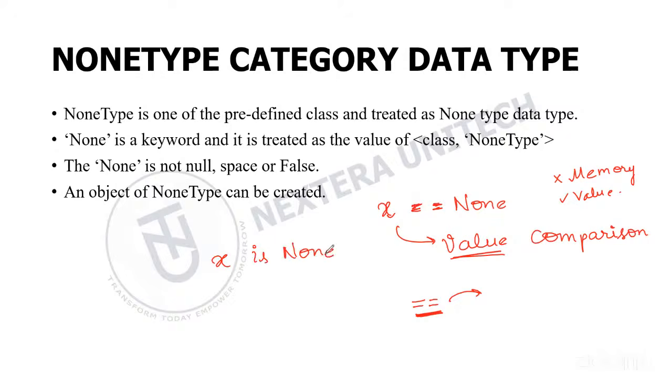You should use this, and not equality, in the case of None. So always use this, that is, if x is None, and we should not use if x equals equals None. This is value comparison and that is identity comparison. You should always use identity comparison in the case of None because it is a singleton object.